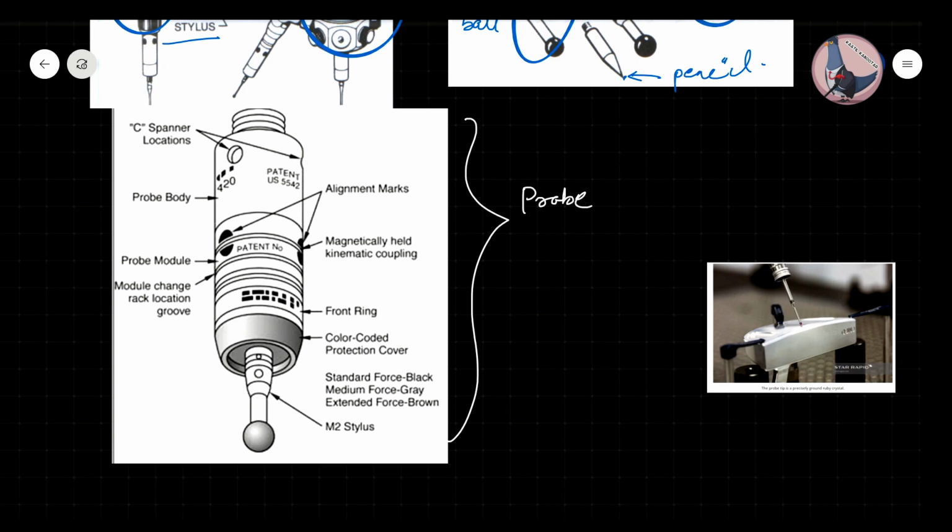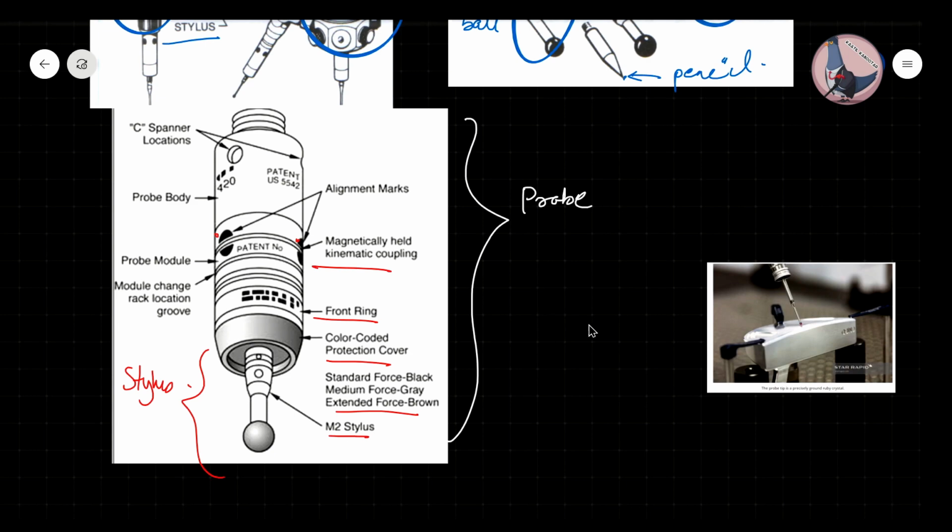And then this tip part from here to here, it's stylus. Okay, so in probe you can see there are alignment marks. There are different C-spanners to open this probe body. Now this you can understand, but if I explain this, it will be overkill, and we should not be aiming to kill a chicken with a cannon.